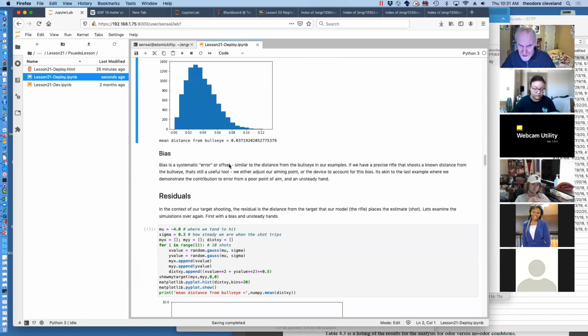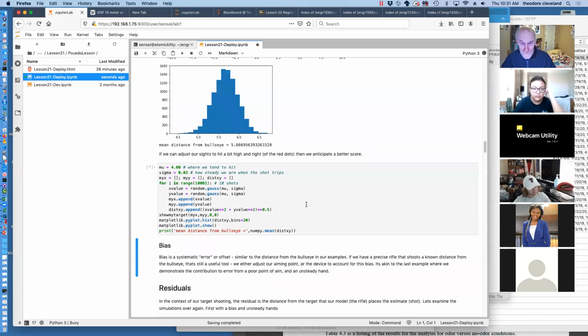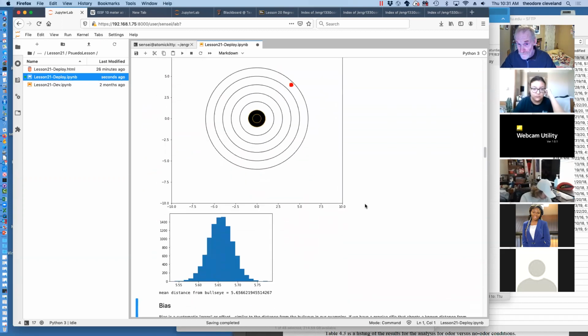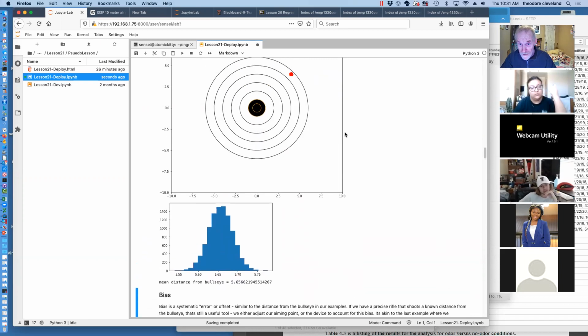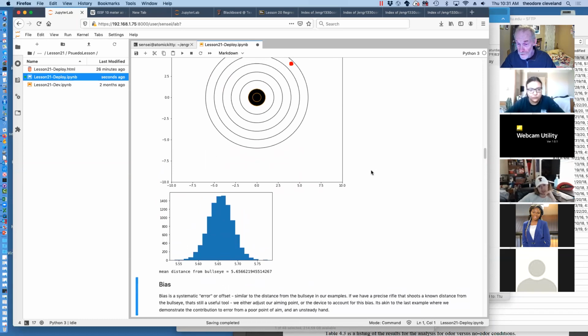And bias is a systematic error or offset, similar to the distance from the bullseye in our example. For example, if we have a precise rifle that shoots a known distance from a bullseye, let's say we have that tool, even though that particular set of 10,000 shots isn't very good from a competitive shooting standpoint, it doesn't mean we want to throw away the tool.